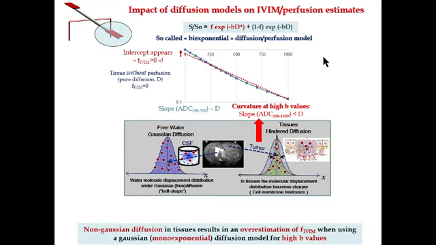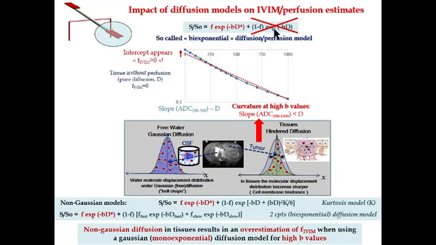There are many models available to take into account this non-Gaussian diffusion. If we don't use one, with this equation we clearly get an overestimation of FIVIM. We can see IVIM effects even where there is no perfusion, which is, of course, a big problem. So this should not be used if we consider high B values and non-Gaussian diffusion. Several models can be used.